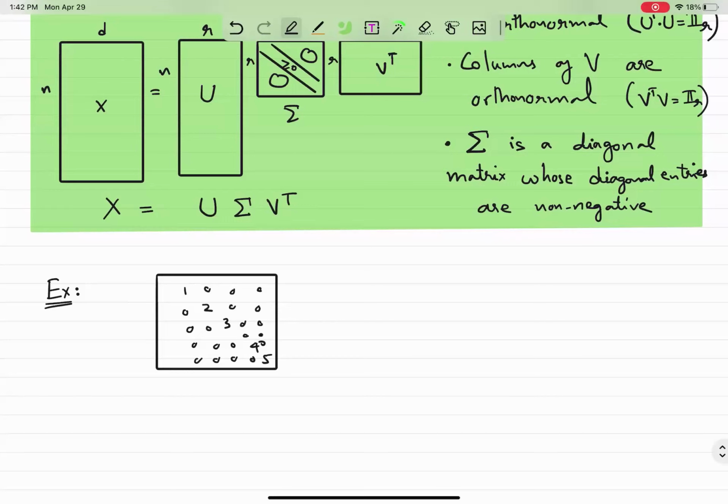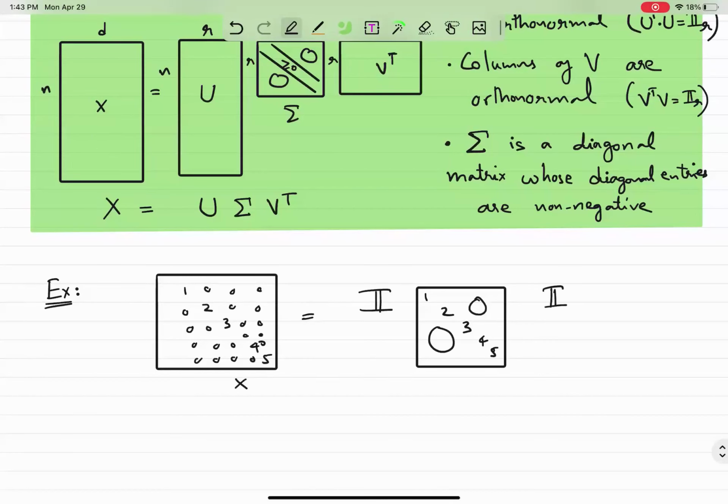I need to write it as U sigma V transpose, right? Exactly. So if I put this as X, I can put identity. And then it's almost already in the form. So you have 1, 2, 3, 4, 5, and then zeros, and then I can put identity. The columns of identity are orthonormal, so this would be a singular value decomposition.